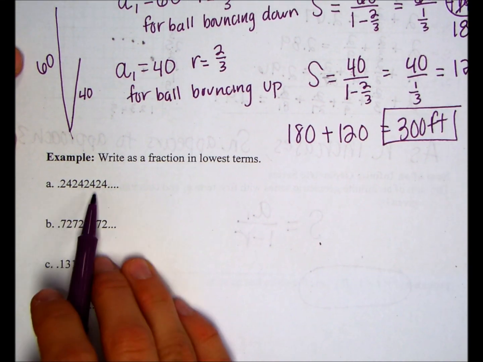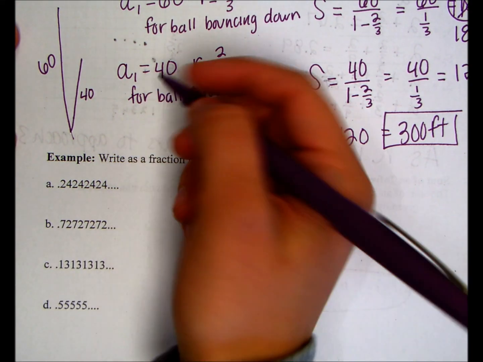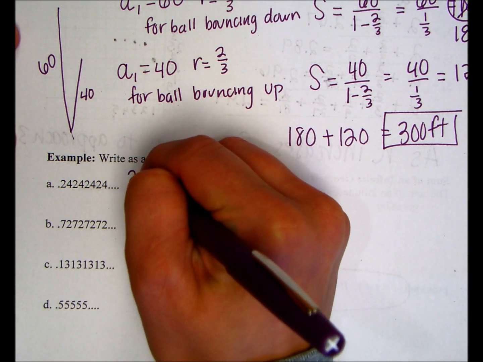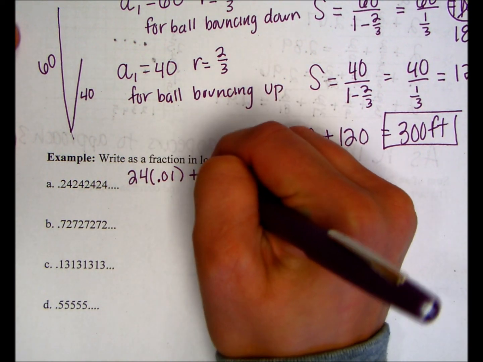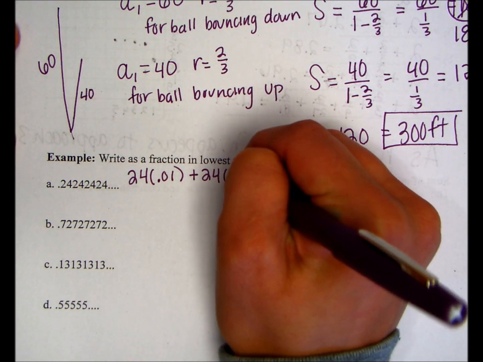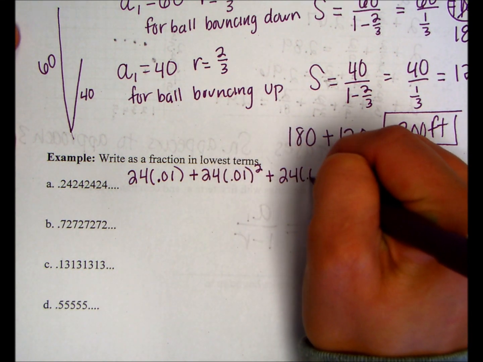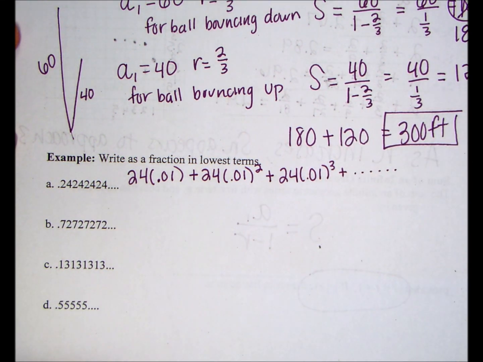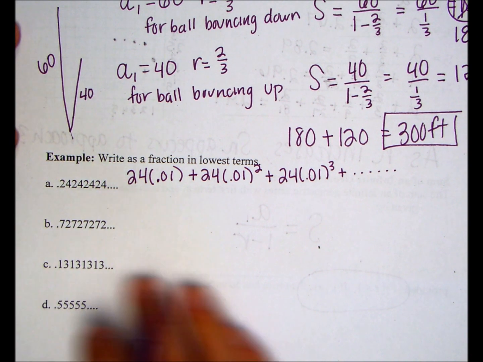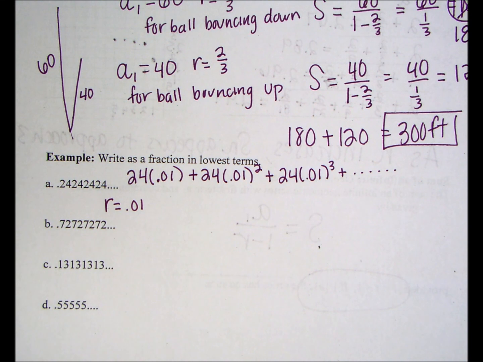If I were to write this as a geometric series, my first term here would be 24 times 0.01 plus 24 times 0.01 squared plus 24 times 0.01 to the third plus, and you keep going. Then here I find that my r value is 0.01. That is my common ratio.